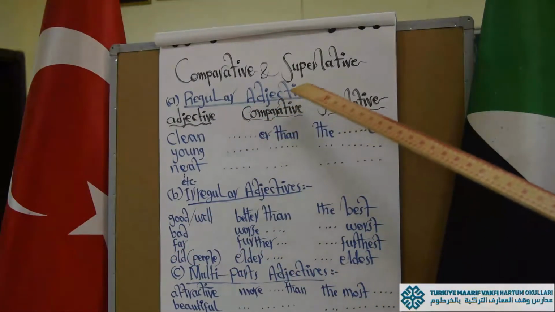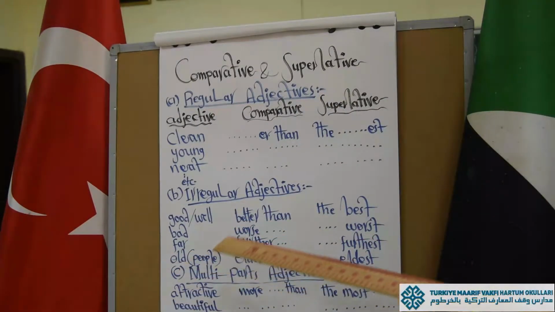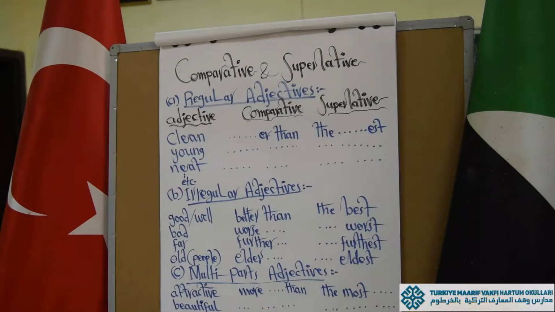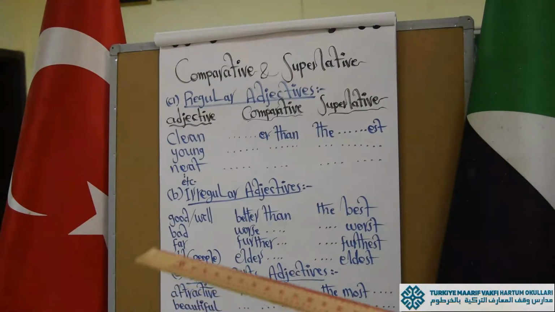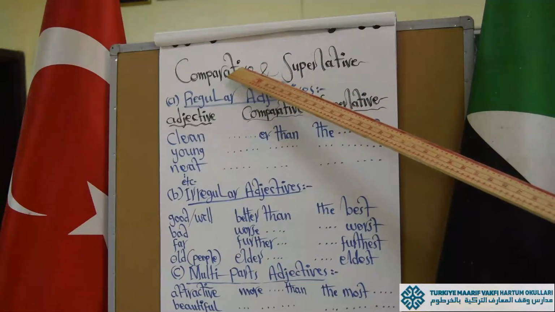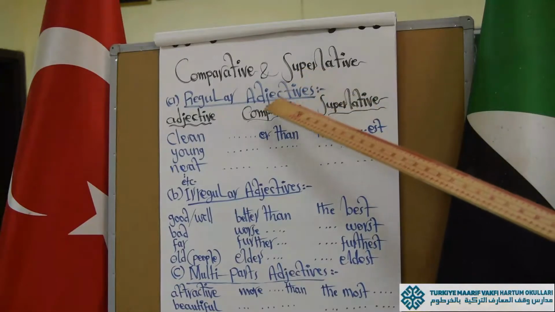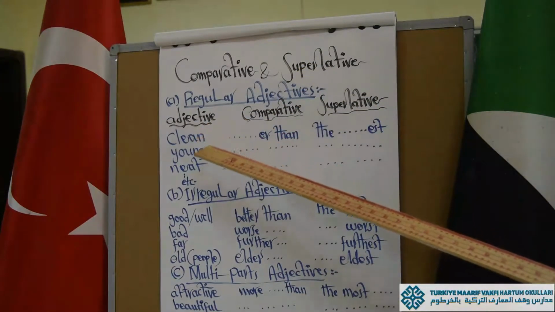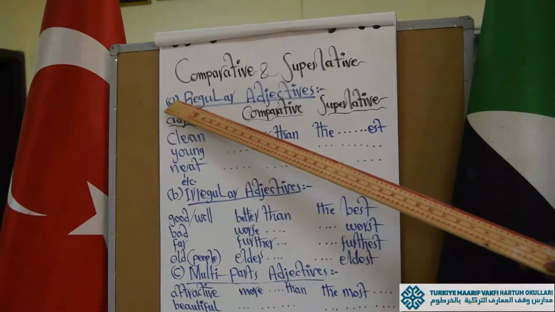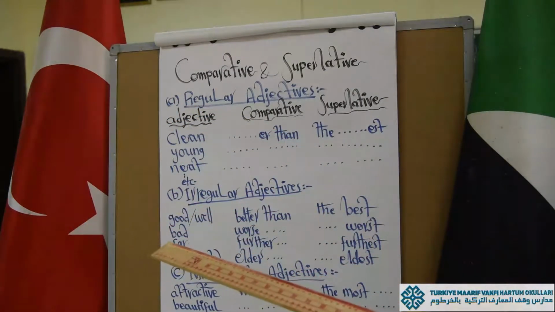When it comes to comparative and superlative in the English language, we use adjectives to compare. We use adjectives to make a comparison between two things or more than two things. But adjectives in English are divided into three basic groups.